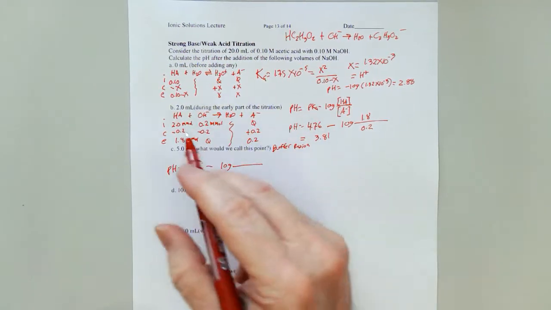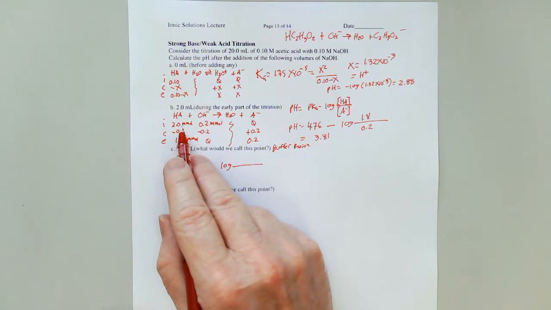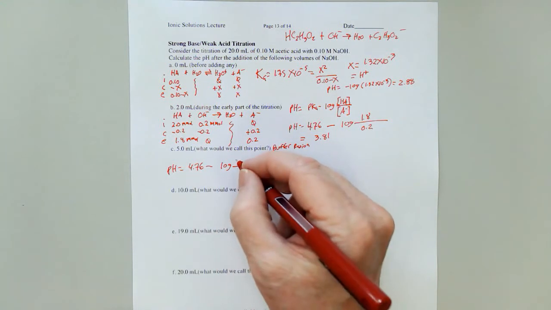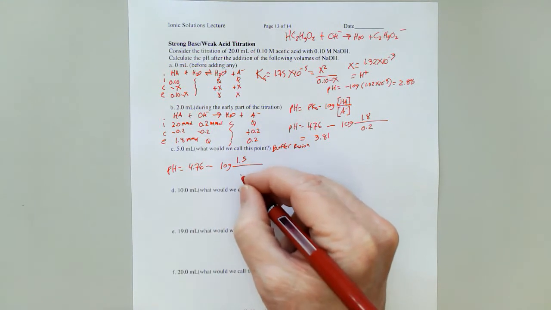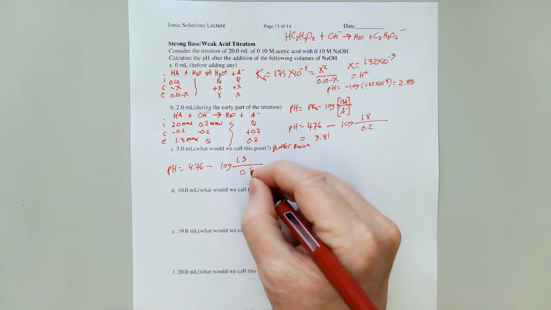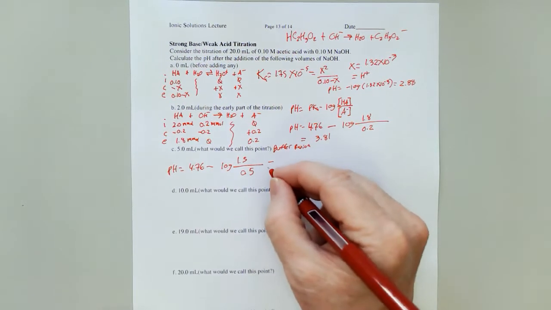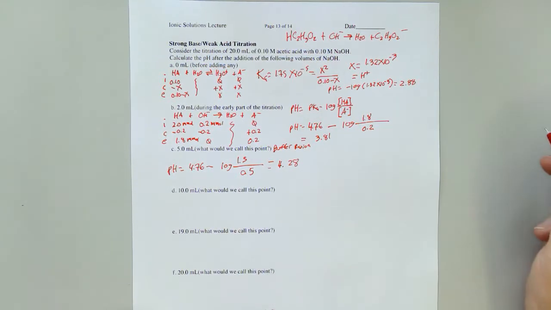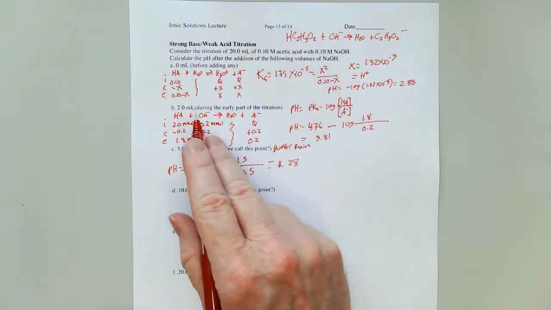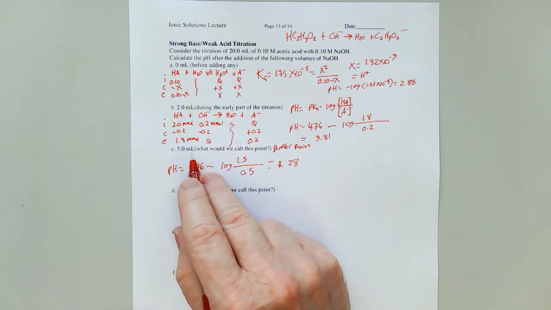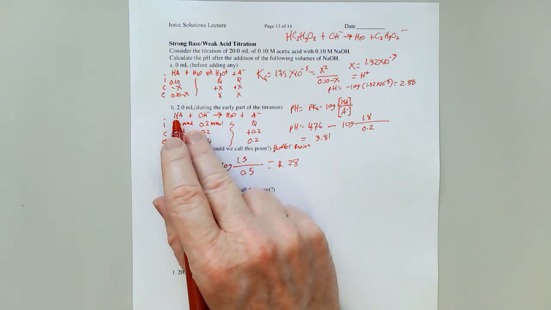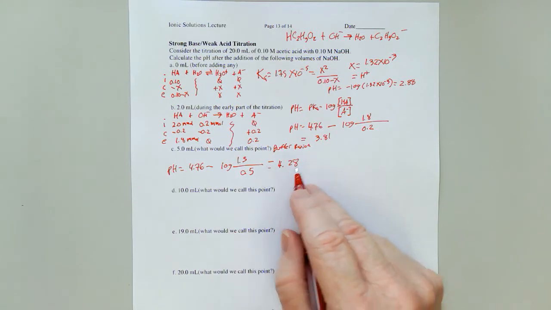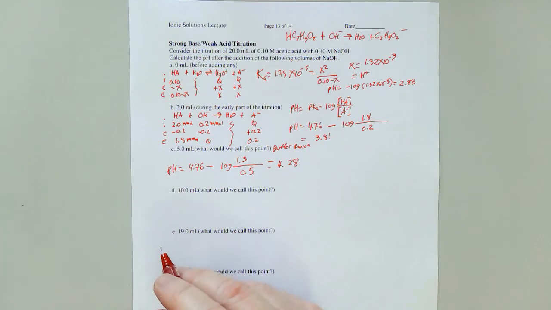I start off with 2.0 millimoles. This time it's 0.5 of the base, so this is 1.5 and this is 0.5, and that equals 4.28. So I've added more than twice as much base as I did in the previous question, and this time I only went up half a pH point instead of a full pH point. Well, that shows you it's buffering.